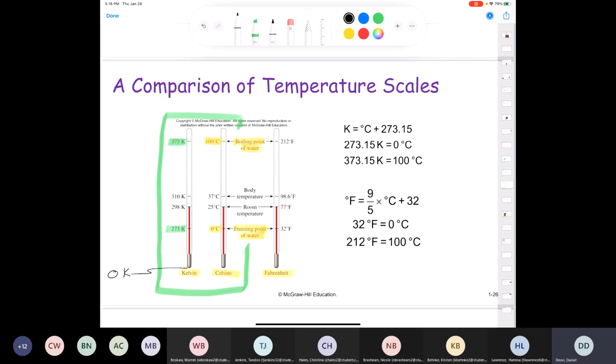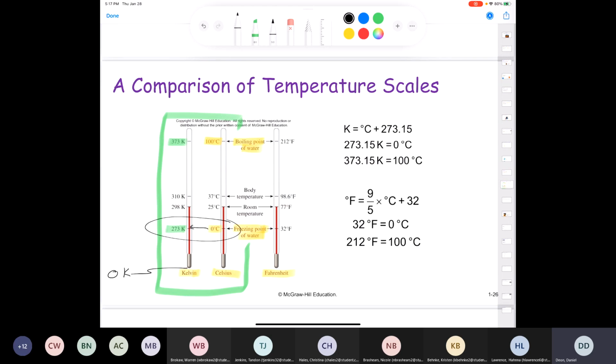Okay, and if we want to convert between Kelvin and degrees Celsius, all we have to do is take the degrees Celsius and add 273. Here they're using 273.15, so technically this number is 273.15, but the rationale still stands. If I have 0 degrees Celsius being equal to 273 Kelvin, how would I convert degrees Celsius to Kelvin?